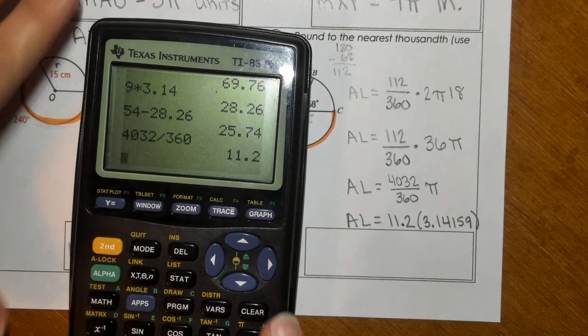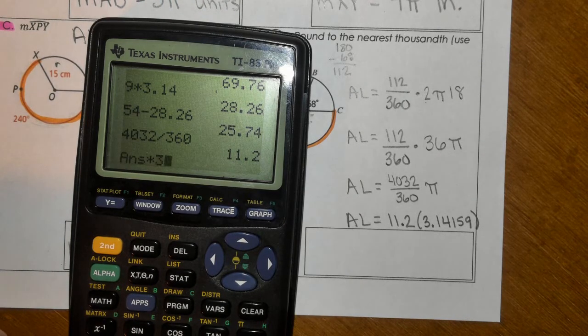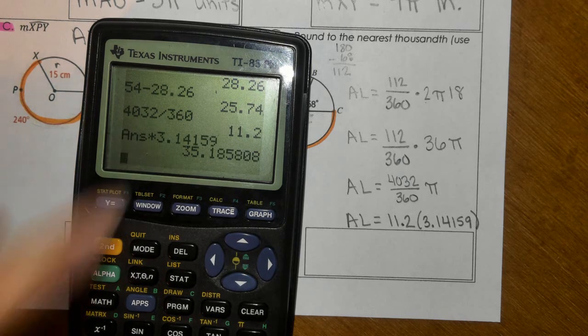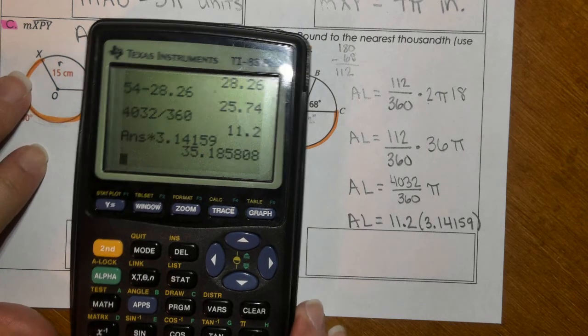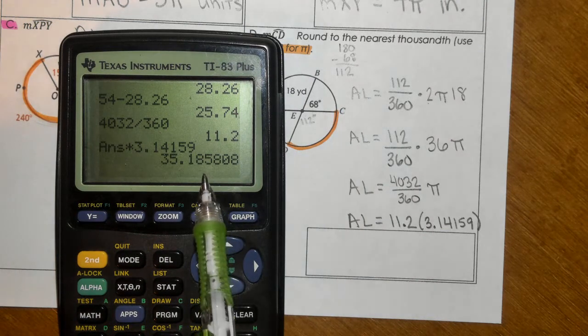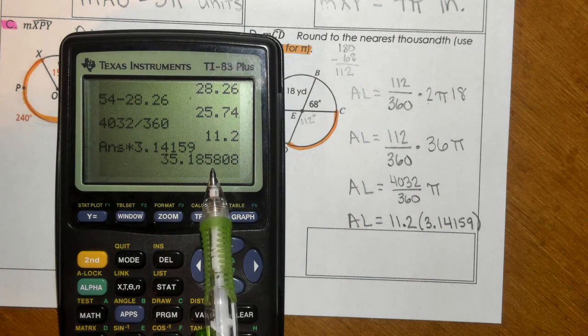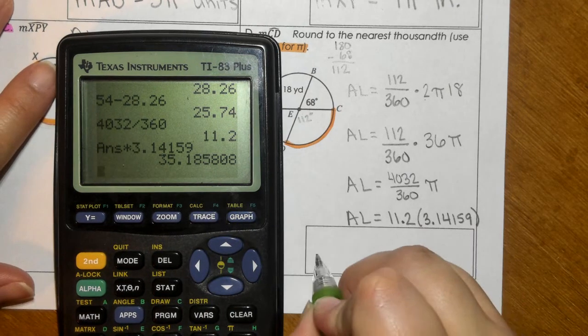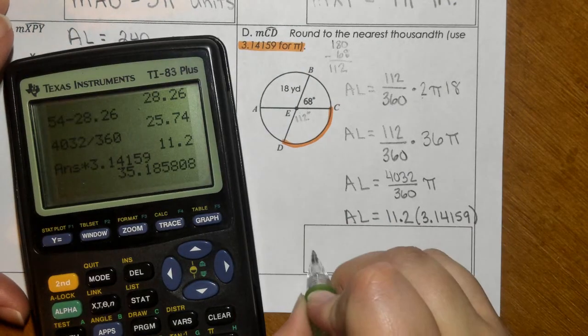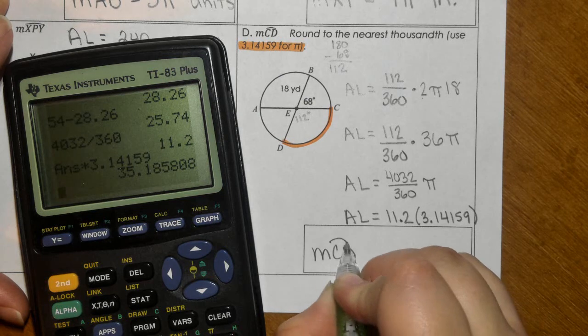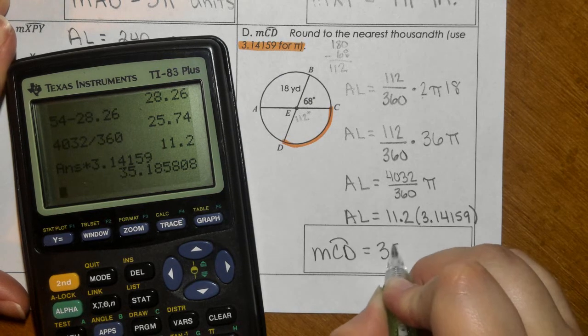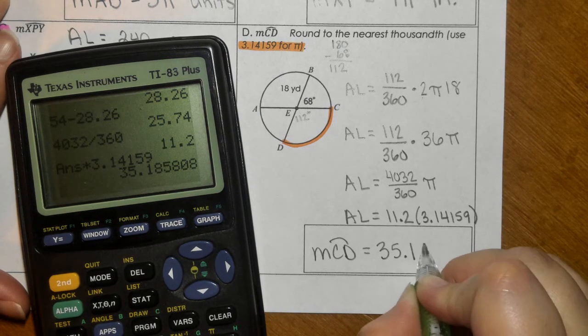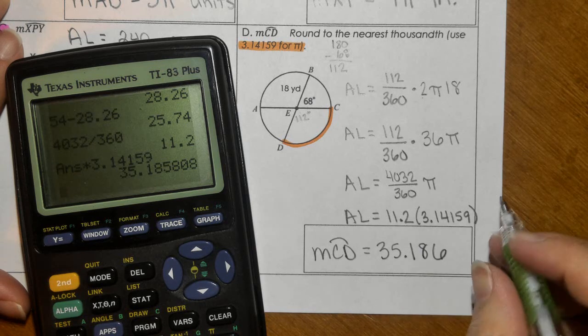So take that 11.2 times 3.14159, and I get this big number. But rounding to the nearest thousandth, I'm looking at that 5. That 8 makes the 5 go up to 6. So my arc length of CD is 35.186, and that would be yards.